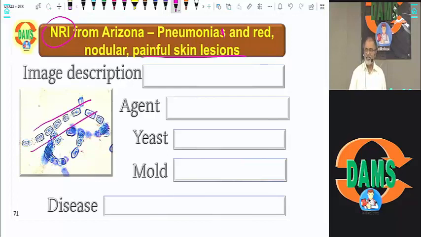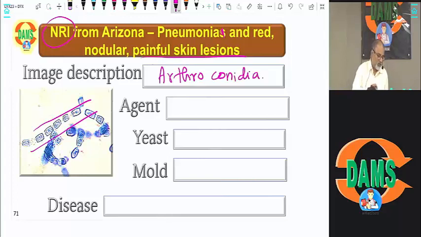What conidia? Chain-like conidia, arthroconidia. Agent: Coccidioides immitis.